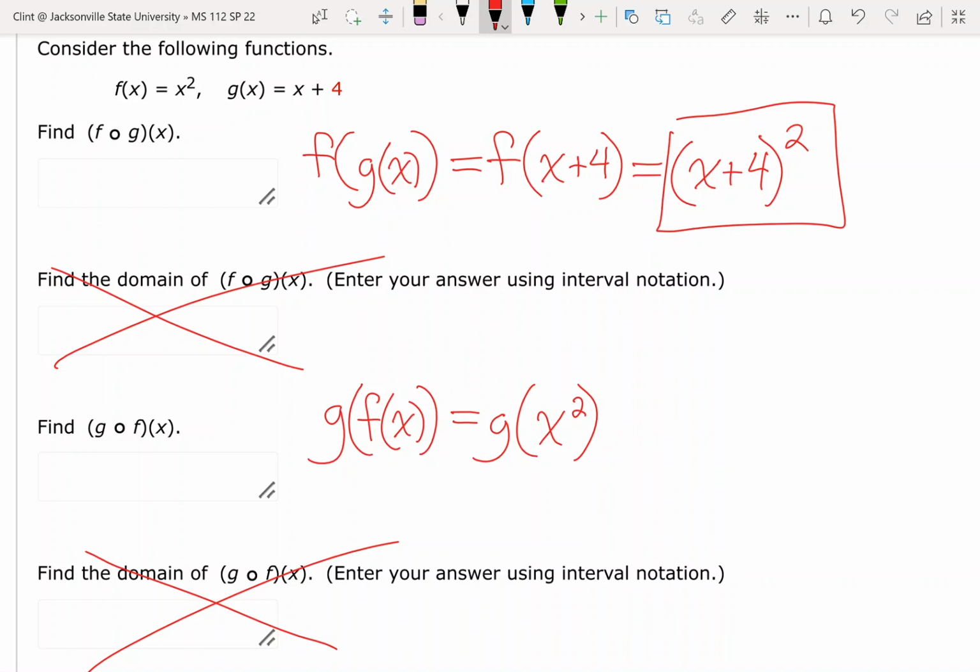So to find g of x squared, we're going to take x squared and put it in the place of x in g. So instead of x plus 4, we'll have x squared plus 4. We're done there.